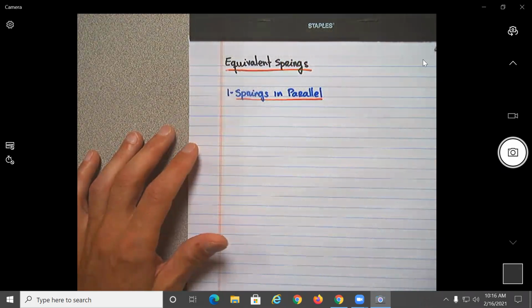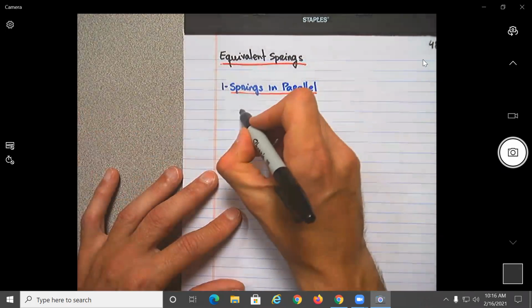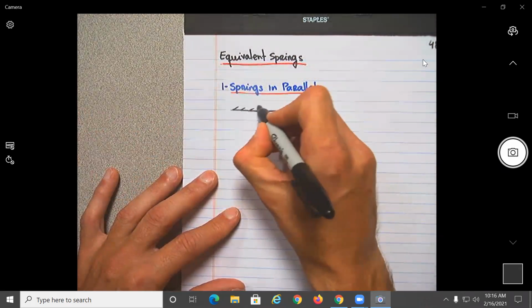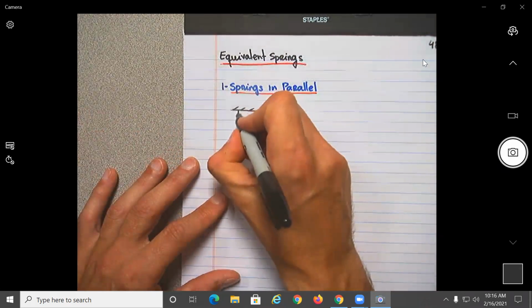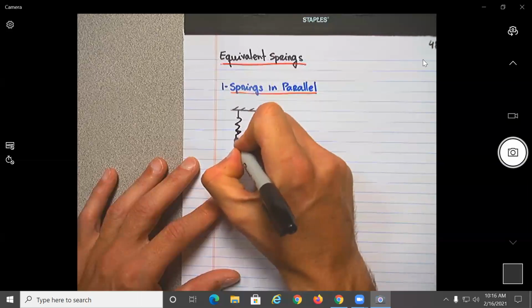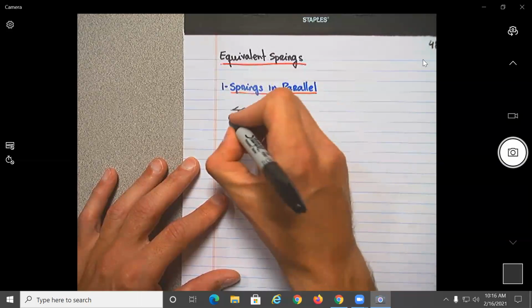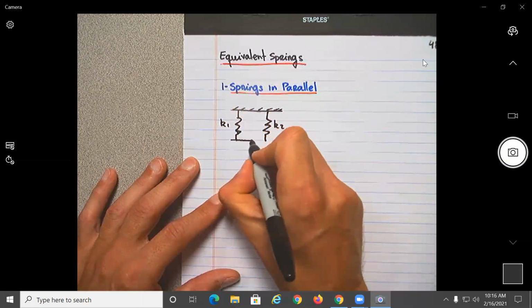Again, you don't need to memorize these equations if you understand how things work. So let's say you need to draw a figure. You don't know what a spring in parallel is, so you just plot two springs in parallel, k1 and k2, attached to a mass over here.